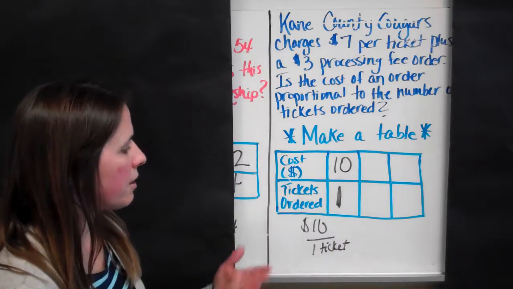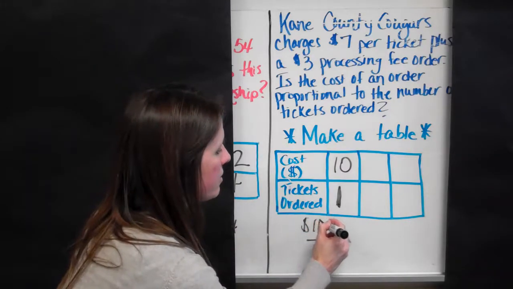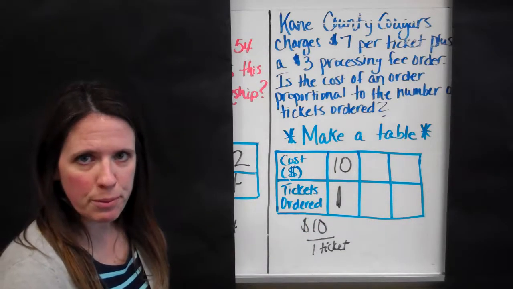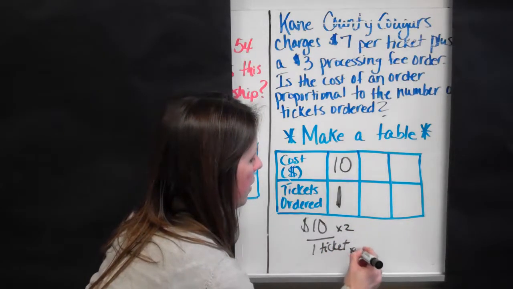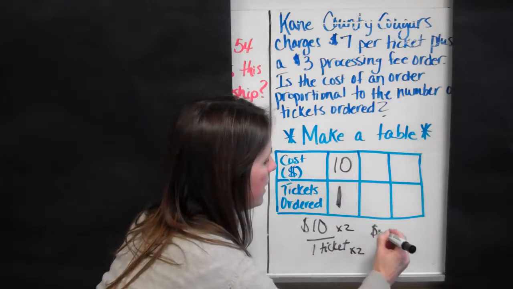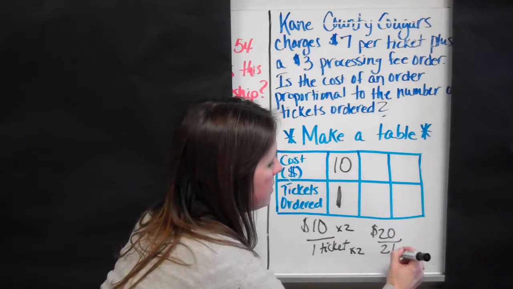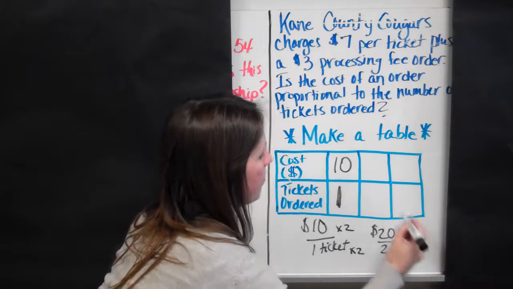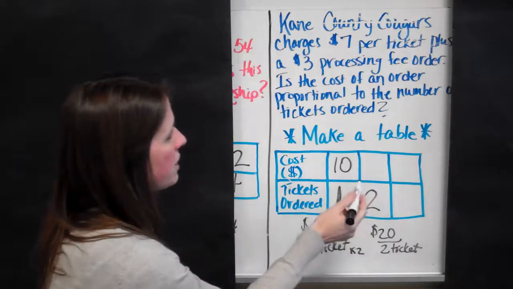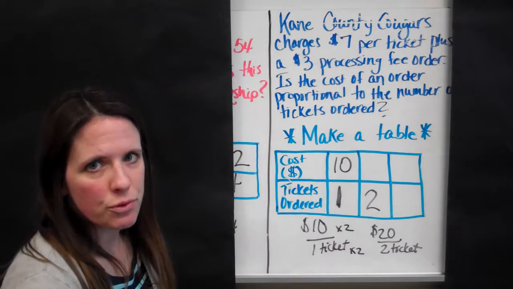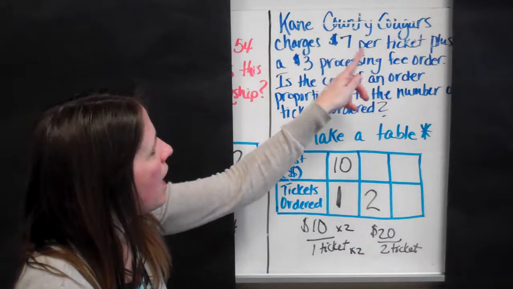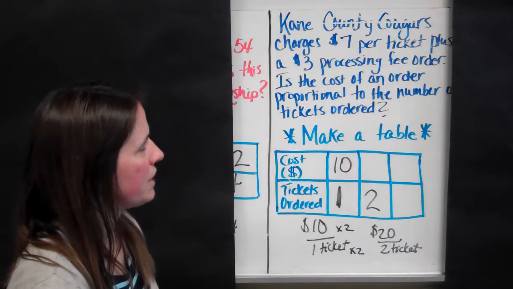Now thinking about that, if we were going to order 2 tickets, if we use what we learned from a couple lessons ago, we would multiply that by 2, and 2 tickets should then be $20. Let's see if that's true. If we get 2 tickets, we know that 1 is 7, so 2 would be 7 times 2, which is 14, but we have to add the $3 processing fee.